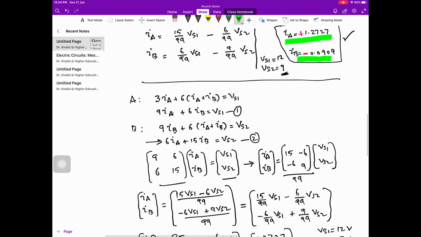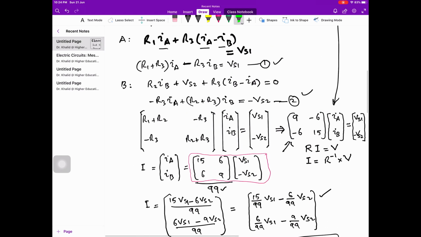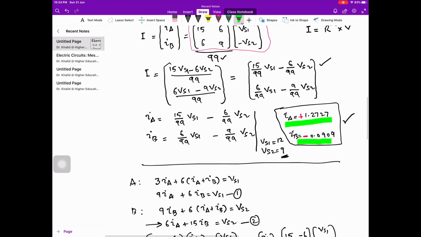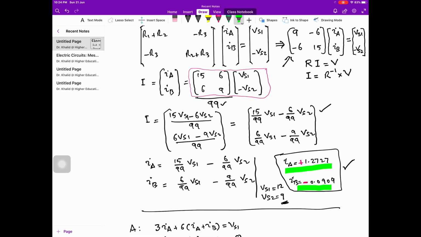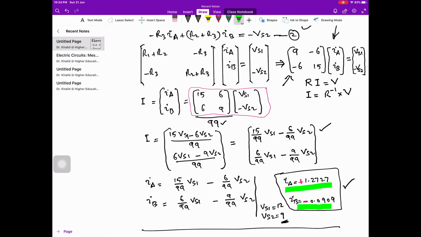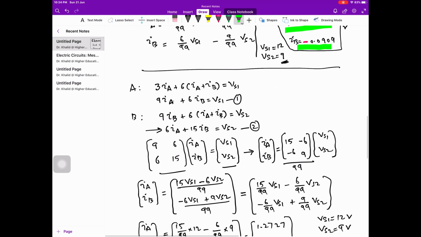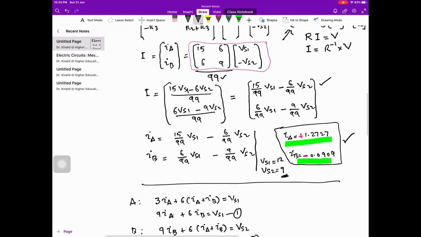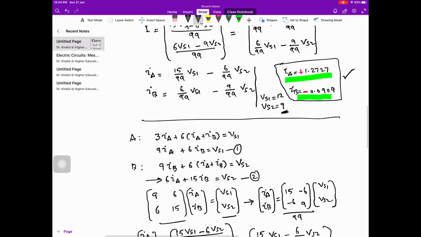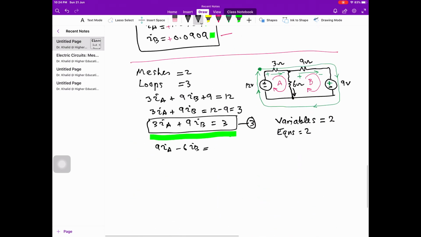Look at equation 1 and equation 2. This is equation 1: 9IA minus 6IB is equal to VS1, and we are assuming VS1 equal to 12.